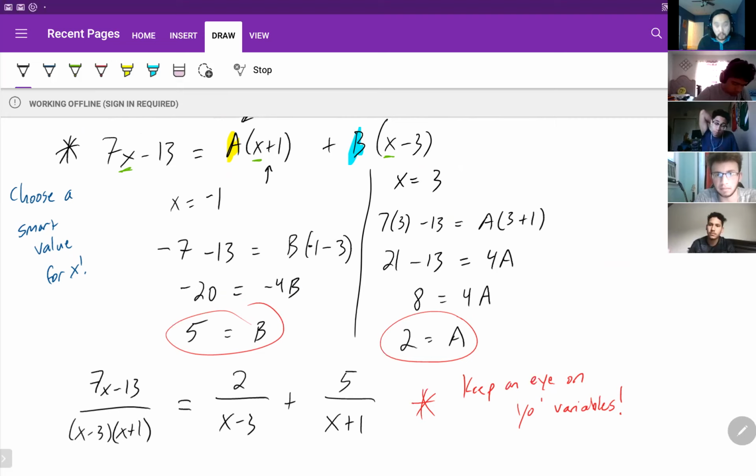In fact, if I were to pick two other values of X, I can set up a system and solve it that way, because I would have an A and a B in two equations that I can line up and then use elimination, substitution, whatever. The reason I chose these particular values of X is because it cancels out one of the variables so easily. So it doesn't matter what value of X you pick, you should get the same answer for A and B.